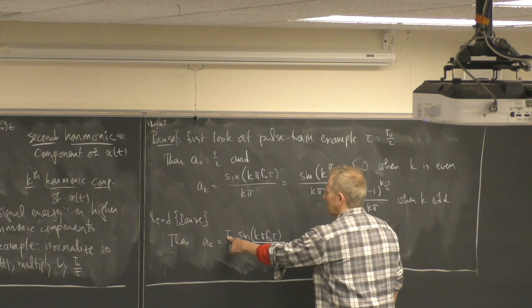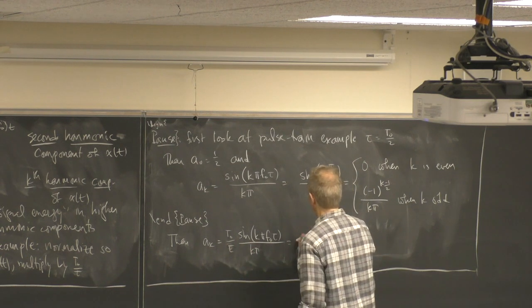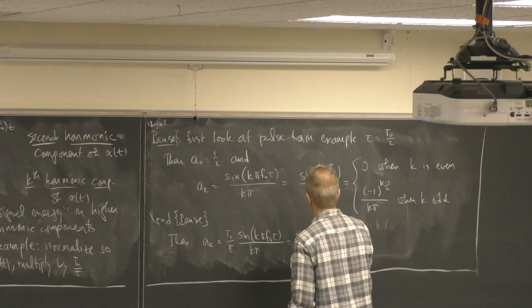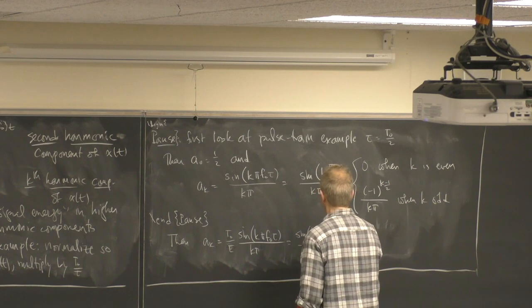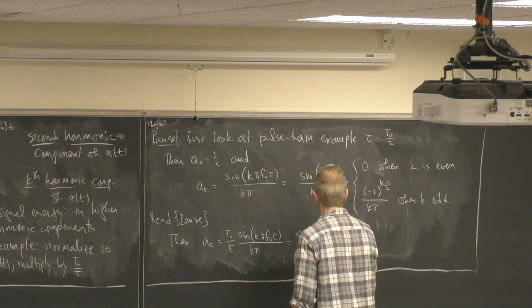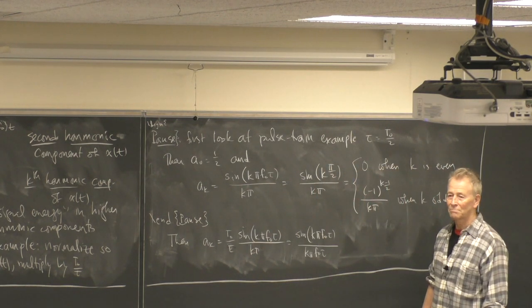Now, if I rewrite the t0 as 1 over f0, I get sine of k pi f0 tau divided by k pi f0 tau. Right?